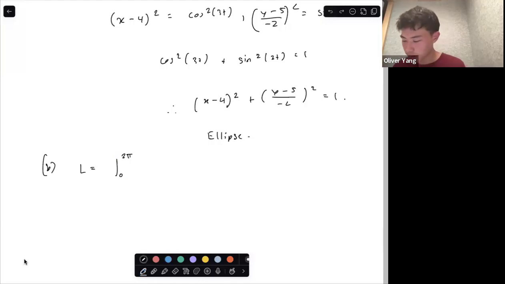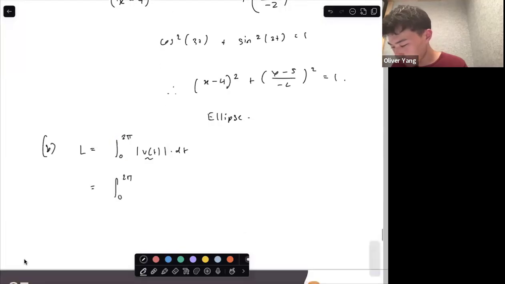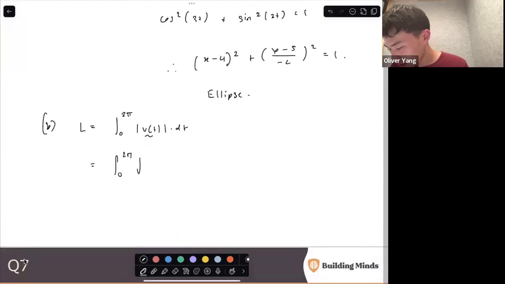What's our speed? It's going to be the magnitude of velocity, right? And so this becomes the integral from 0 to 2 pi of the square root of dx/dt squared plus dy/dt squared, dt.